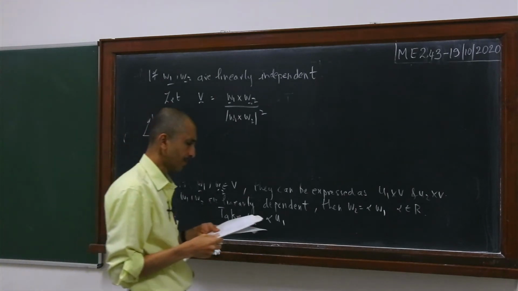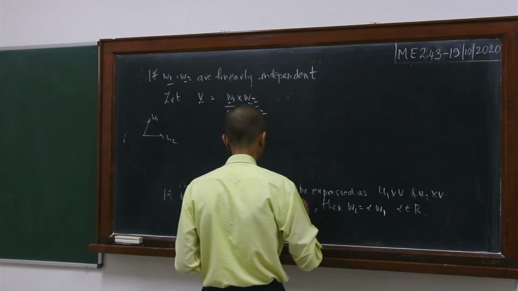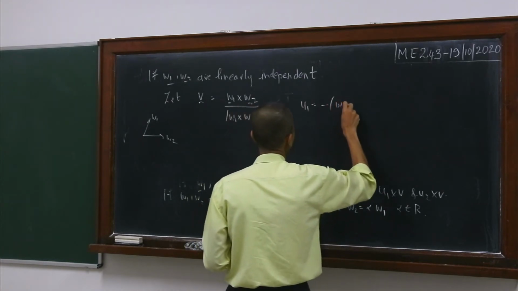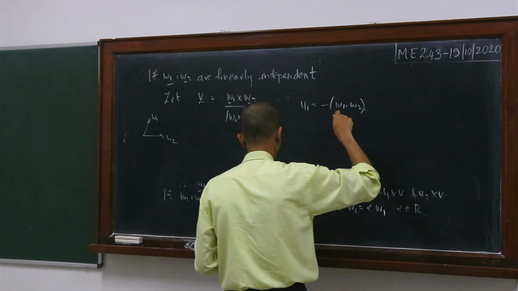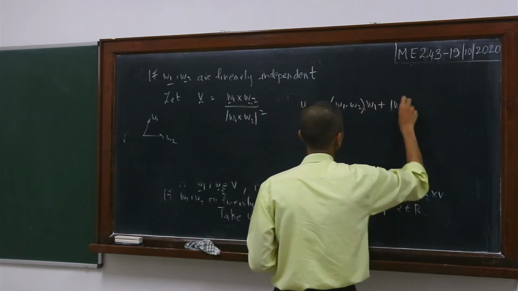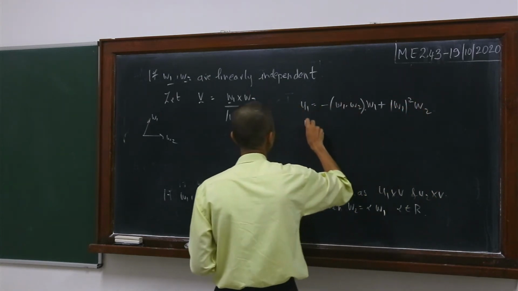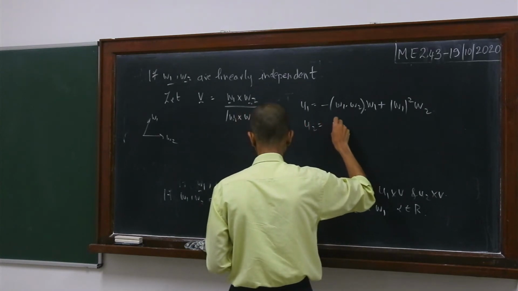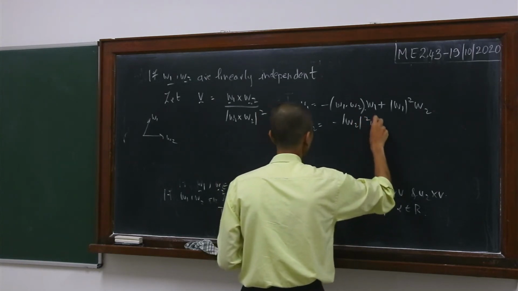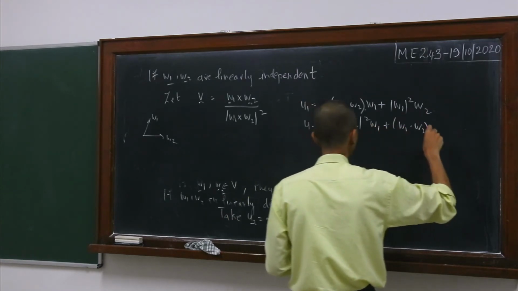Now you let U1 be equal to minus of W1 dot W2 times W1 plus norm W1 squared times W2, and U2 is equal to minus norm W2 squared times W1 plus W1 dot W2 times W2.